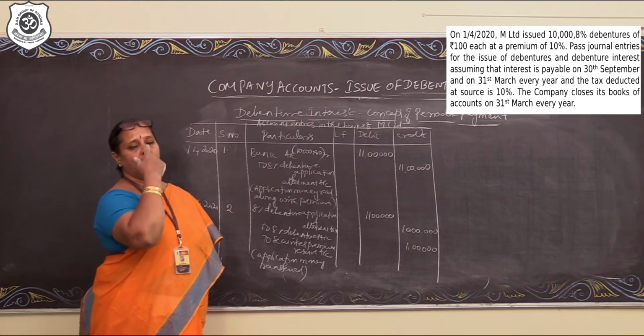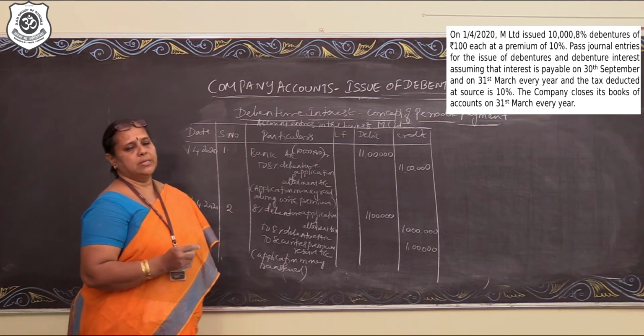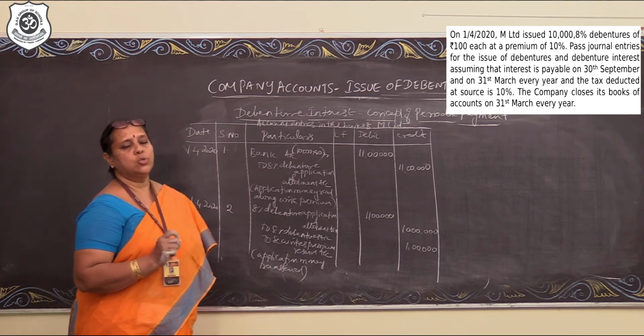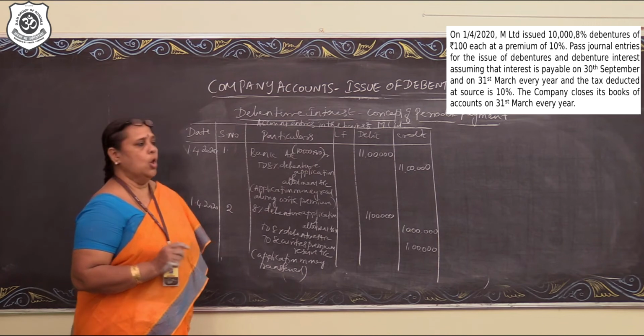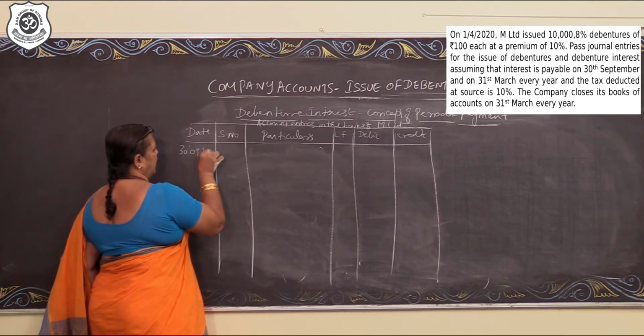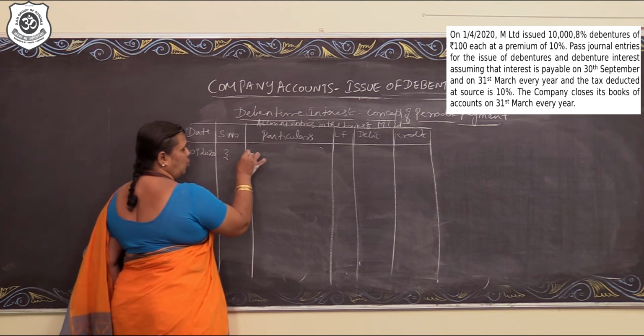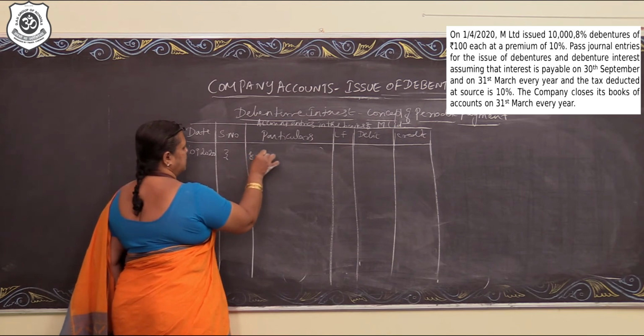Then collectively I will pass 2 more entries for payment of income tax and for charging debenture interest to statement of profit and loss. So on 30/09/2020, serial number 3, making the interest due, the rate of interest is 8%.